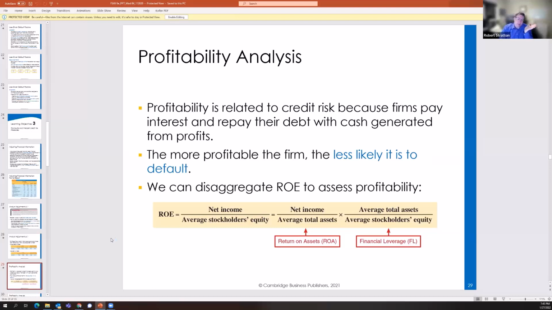It's like when you borrow money personally, they care about your income, your salary. If you have no income, they don't understand how you're going to pay it back. So this is where we get back to our ROE analysis from last chapter. We can start looking at ROE and the components of ROE to get a sense of the profitability.